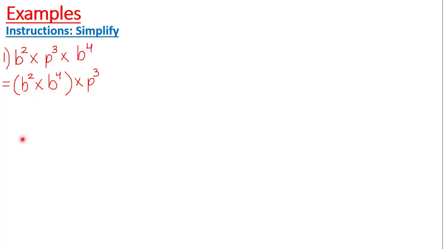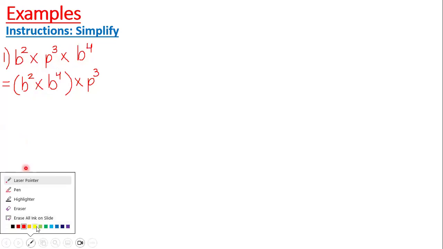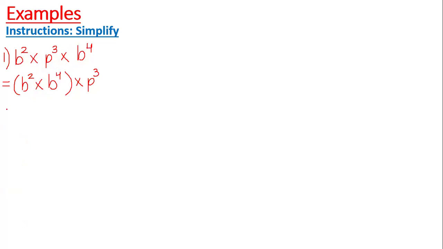All right. And when we group the B's, it's going to be B to the power of 2 plus 4, multiplied by P to the 3rd power.